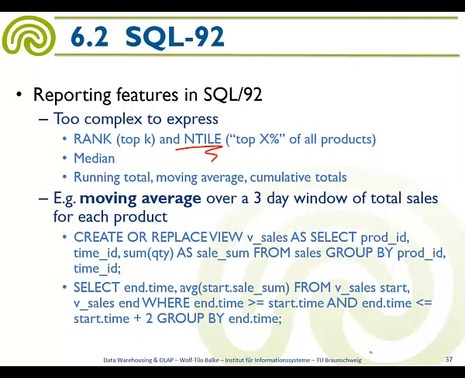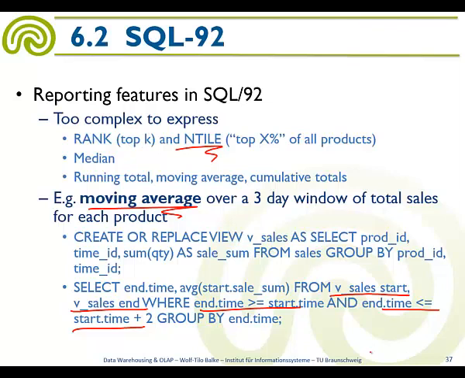So for example, if you want to build a moving average over a 3-day window, what you have to do is, again, create a view that takes all the different windows, right? And then you do a self-join over that view, where you provide the start date and the end date for your window, and then look at the end time and the start time of every item.